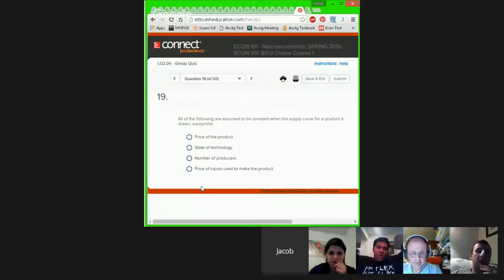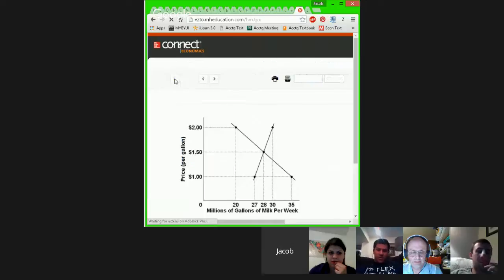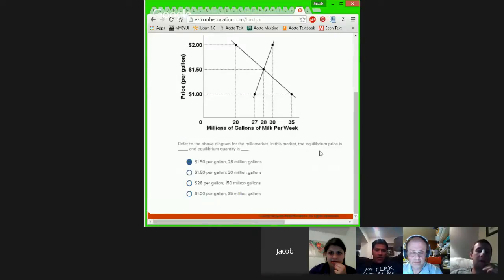For example, you can pay $2.50 for milk, and then you can pay $2 for milk, and that goes down to $1.50. You can pay $1.50 for a gallon of milk. So the price of a product is going to change. So that's why my pick was the price of the product is constant. Are you referring to this here, Ed? Yeah, I'm talking about that. That line changes. Yeah, that's what I'm thinking, but I could be wrong, but that's my assumption.